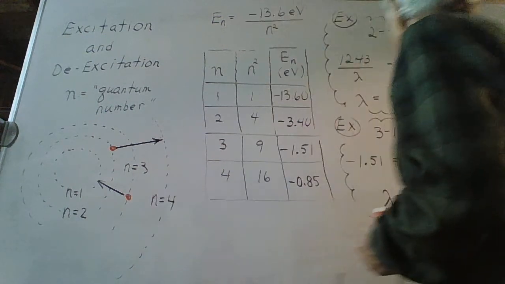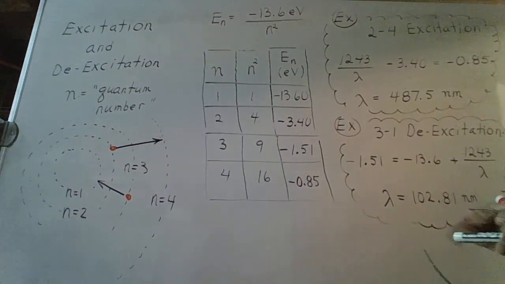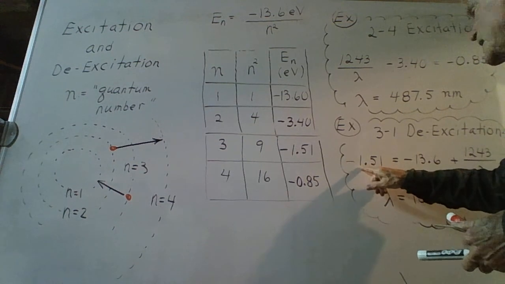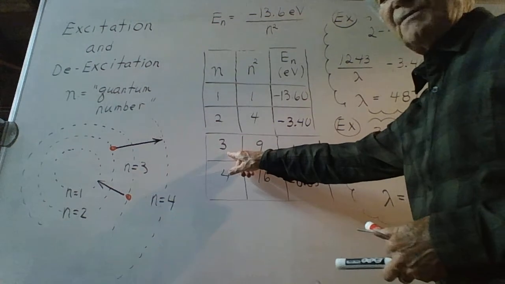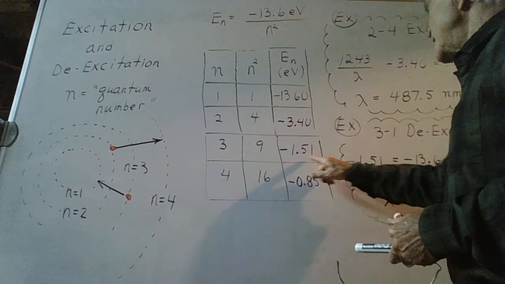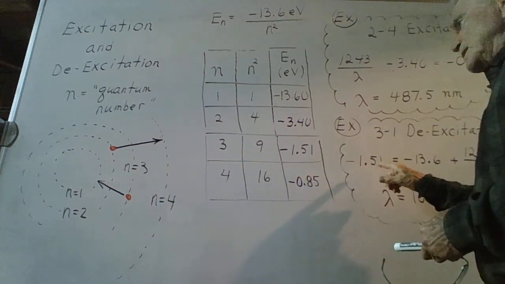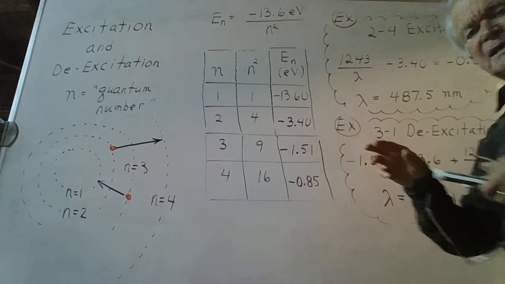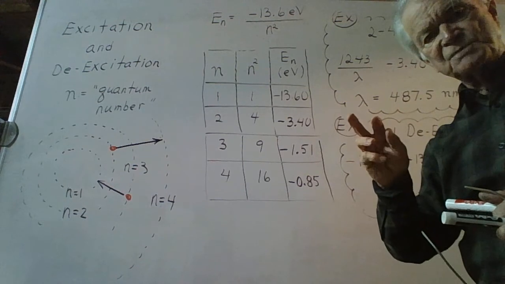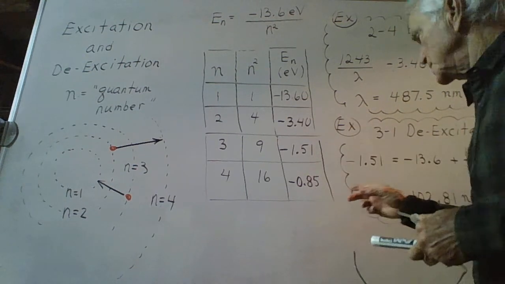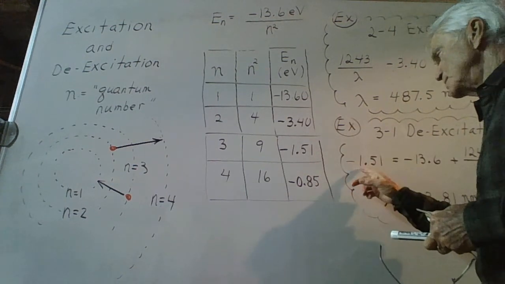3-1 transition. Initially, the only energy you have is the energy that the electron has in the third quantum level, negative 1.51. Later, there will be two things that have energy, the sum of which better be what you started with, which was negative 1.51.